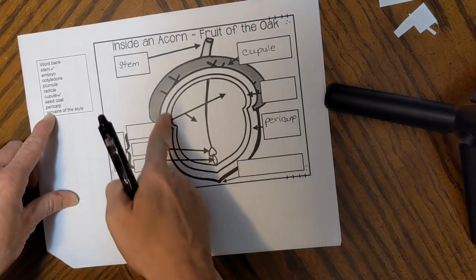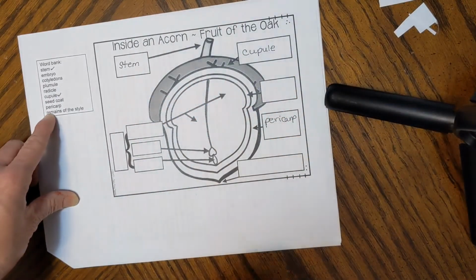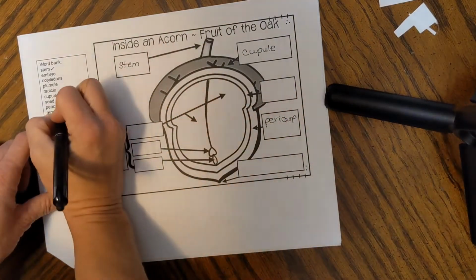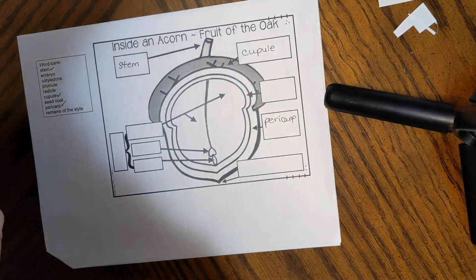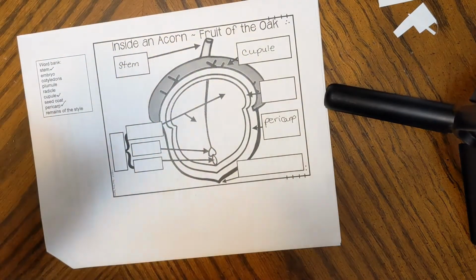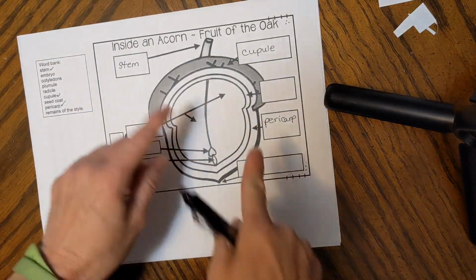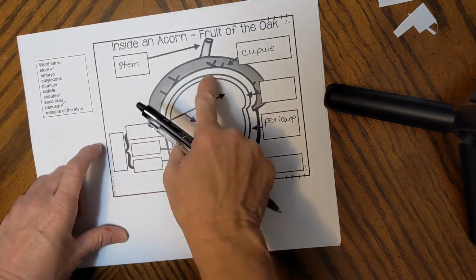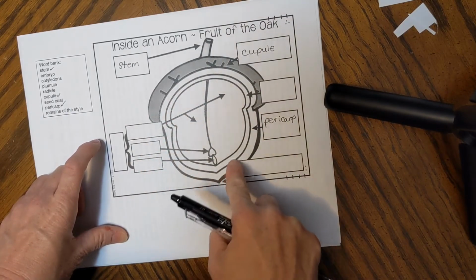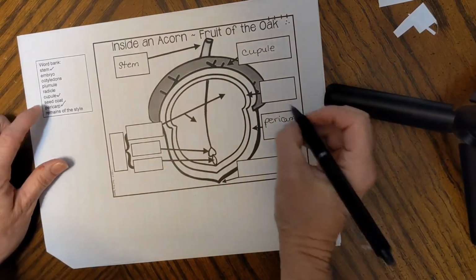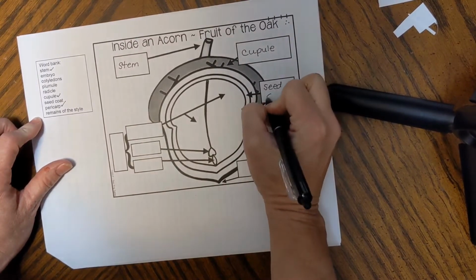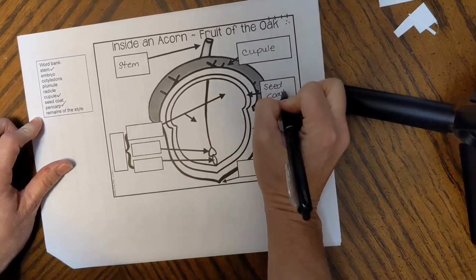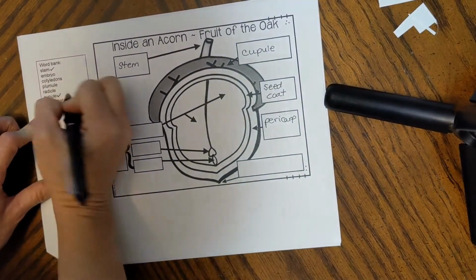This outer, it's sort of the outside whole boundary, is the pericarp. Okay? And just inside the pericarp, we would call it the seed coat. So this one right here, inside the pericarp, is the seed coat. Check that off.